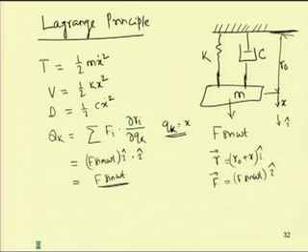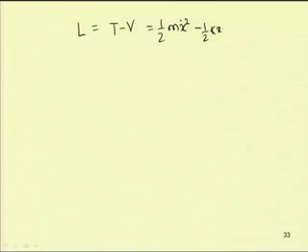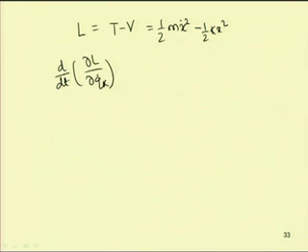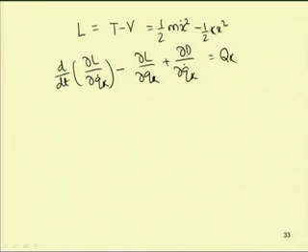Now, by using this Lagrange principle, we can write L equal to T minus V, that is equal to half m x dot square minus half k x square. This Lagrange principle tells us d by dt of del L by del q k dot minus del L by del q k plus del D by del q k dot will be equal to q k.